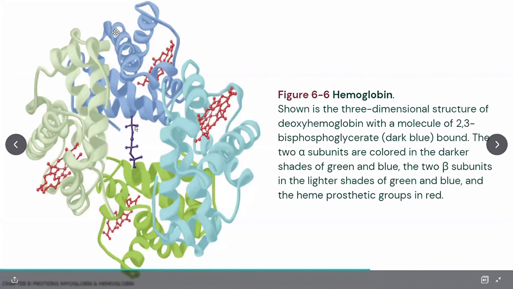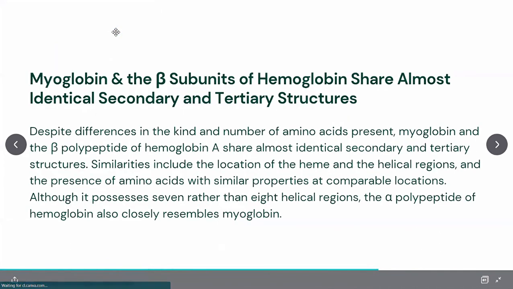You cannot find this in other tissues except in your RBC. Myoglobin and the beta subunit of hemoglobin are almost identical. Almost, really the same.